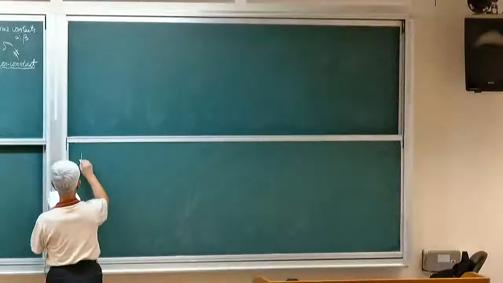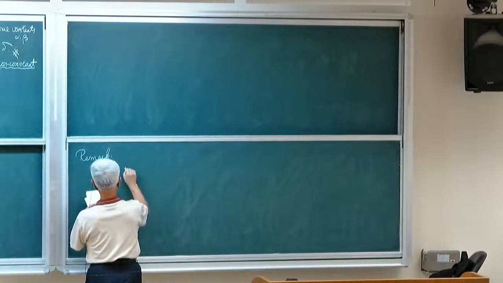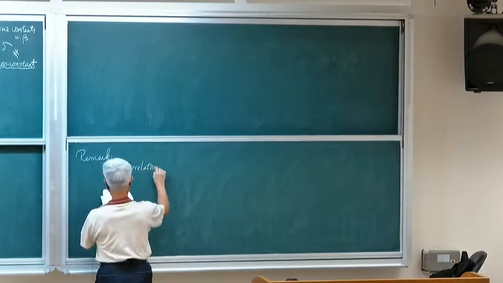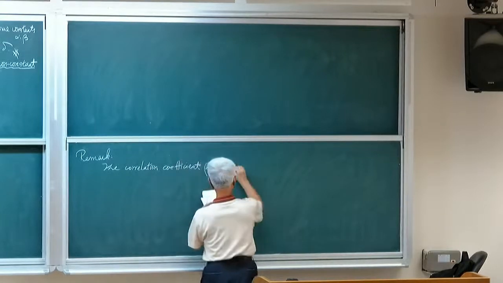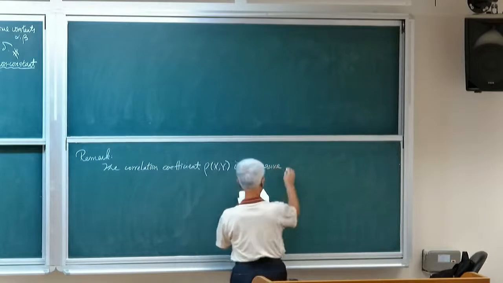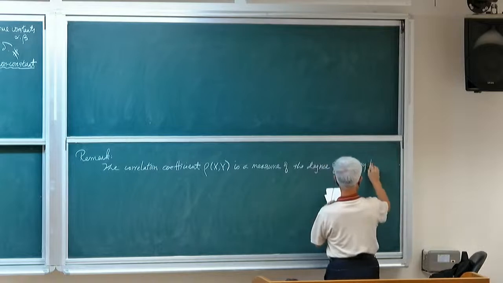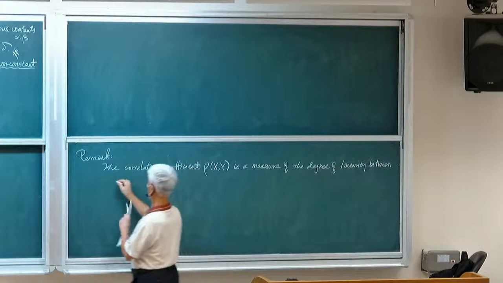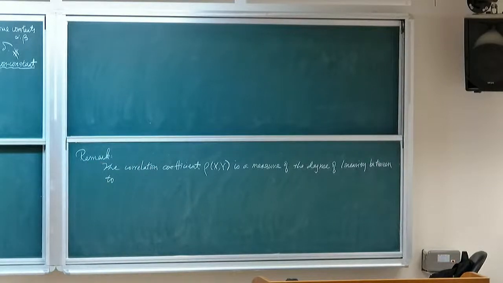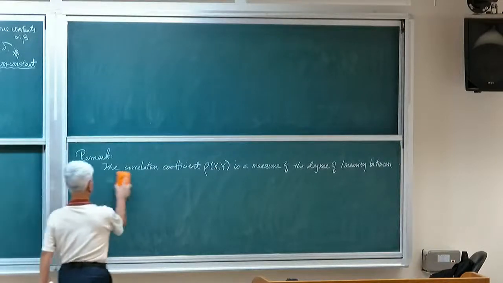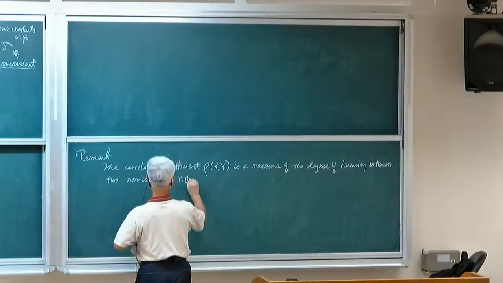A remark is here. The correlation coefficient rho XY is a measure of the degree of linearity between two non-constant random variables.